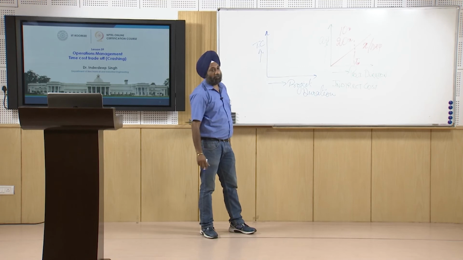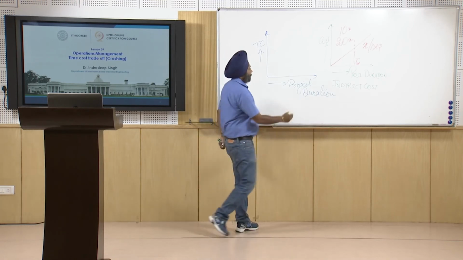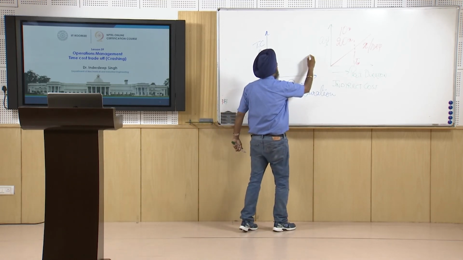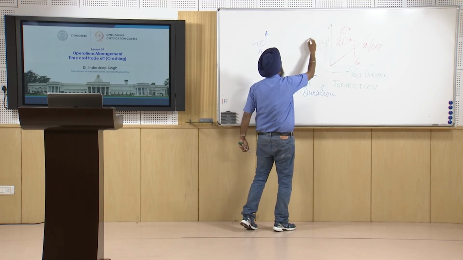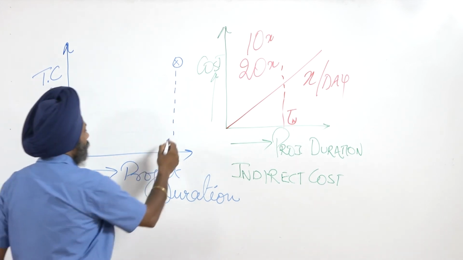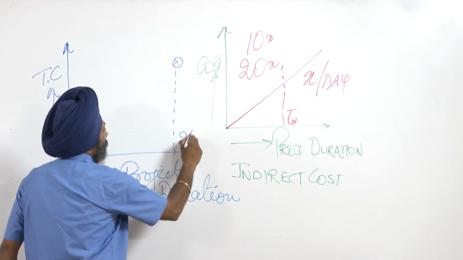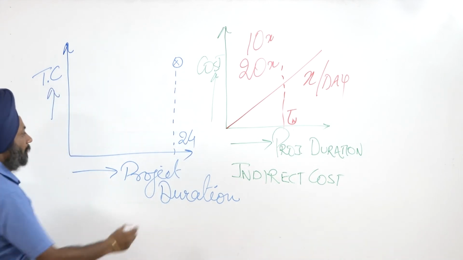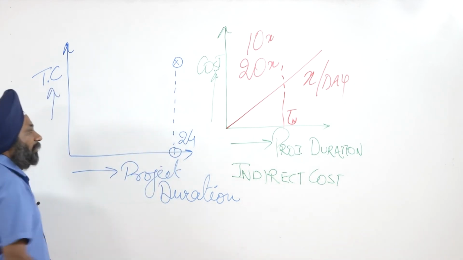How can it be calculated now? Suppose this is our expected duration of completion of the project. So suppose this comes out to be 24 days. This value is 24.